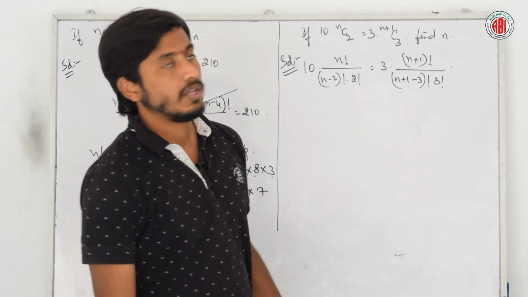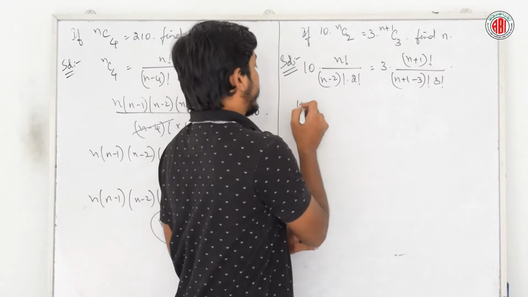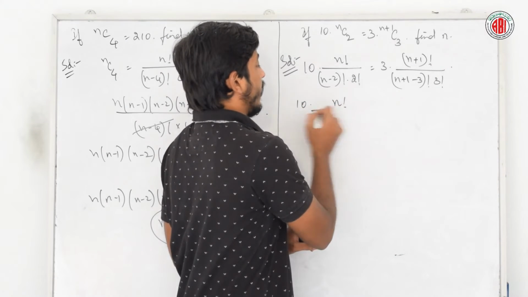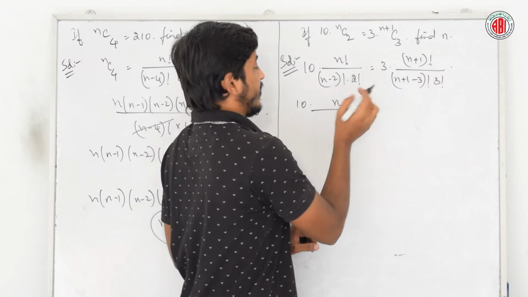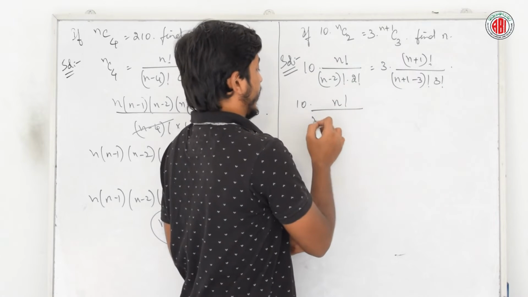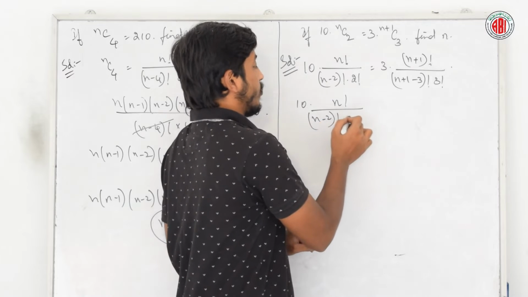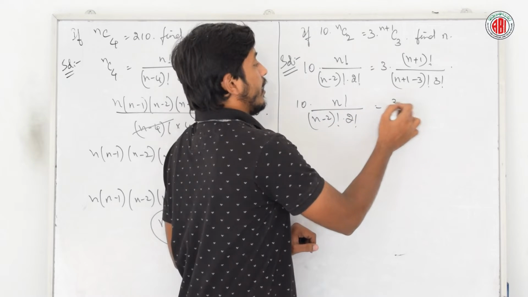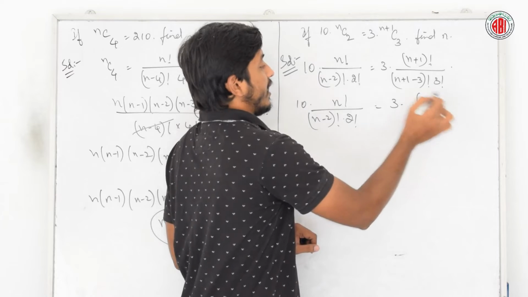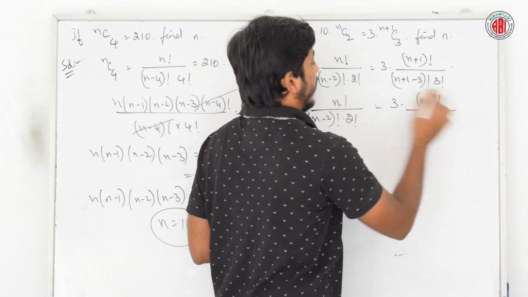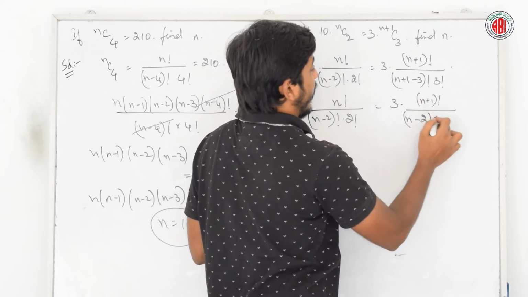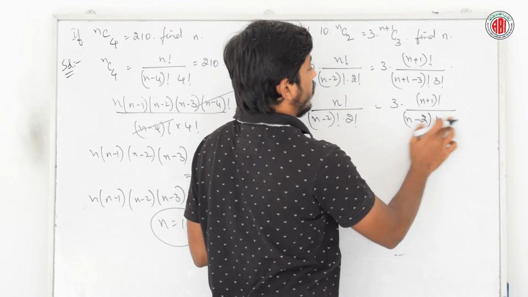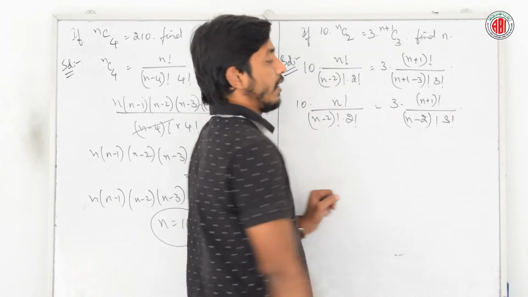Here n plus 1 minus 3 is n minus 2 factorial into 3 factorial.